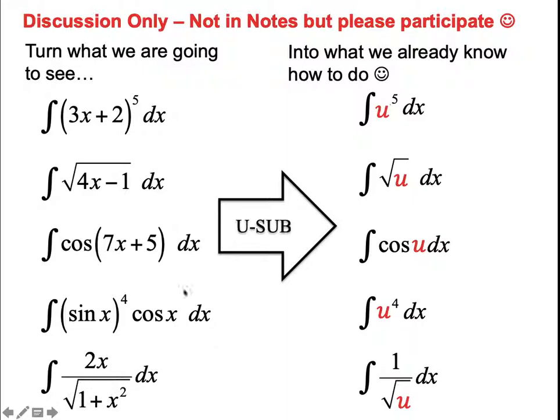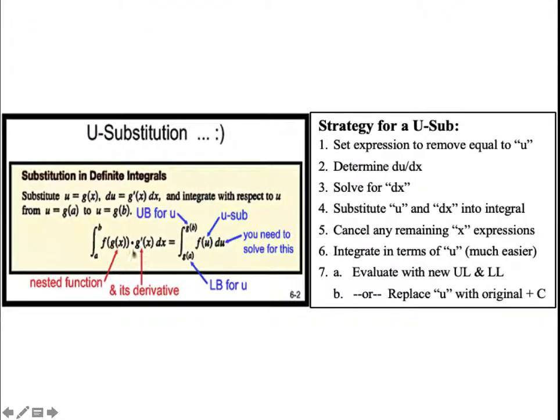So as you can see, we have functions inside of functions, and we've dealt with that before when we were differentiating. We would call these nested functions or composite functions. And so this U sub is literally the reversal of the chain rule that we used when we were dealing with composite functions. That's what this notation is saying here. Here's our composite function.